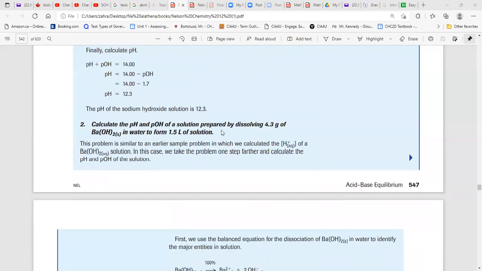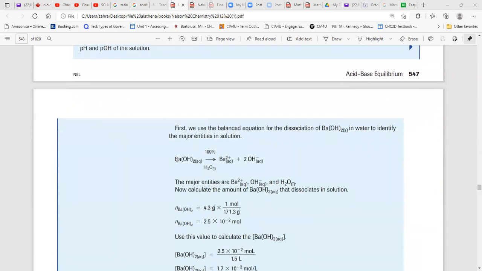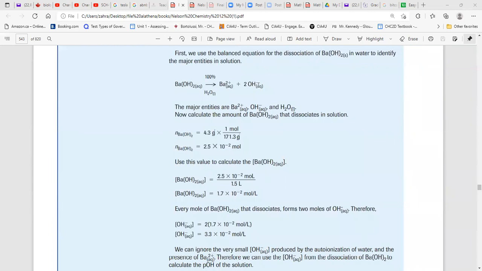The same thing for this, but here you have 4.3 gram of Ba(OH)2 in water for 1.5 liter of solution. First, you turn it to the mole, then divide by the 1.5 liter to find the concentration. After finding the concentration, it would be easy to find the concentration of OH.